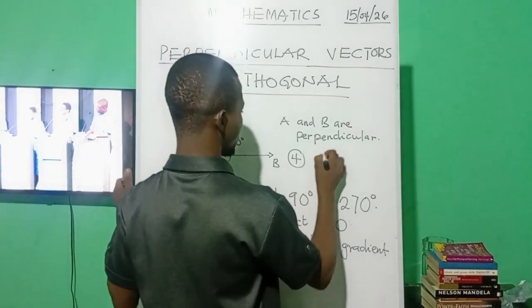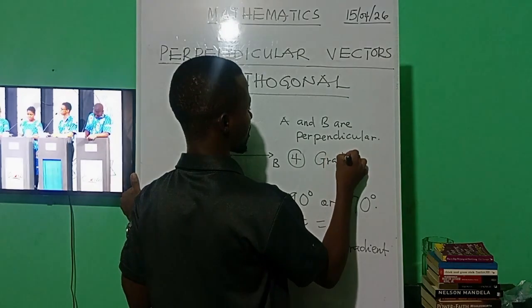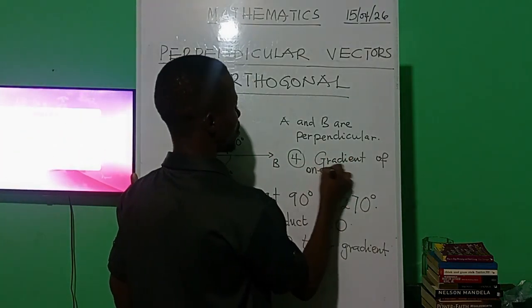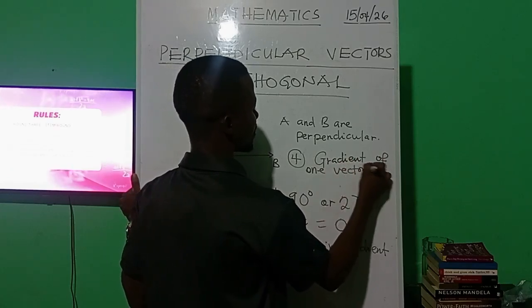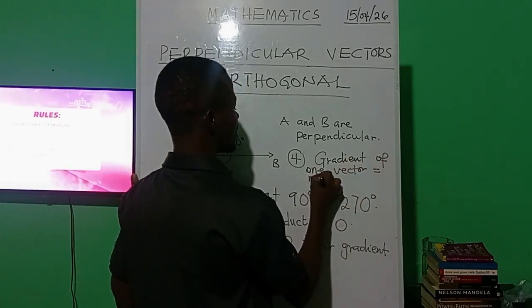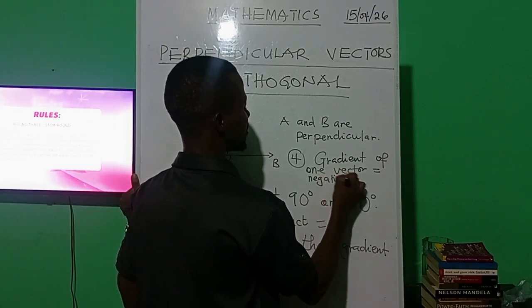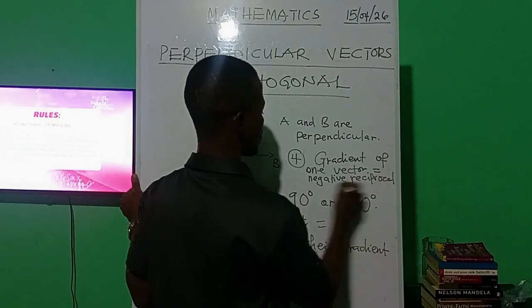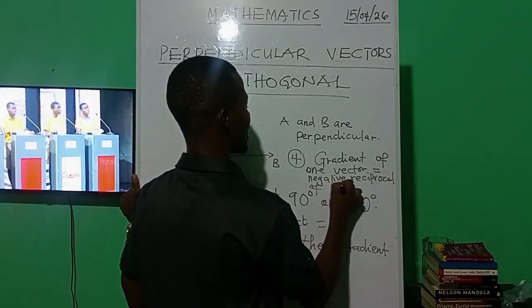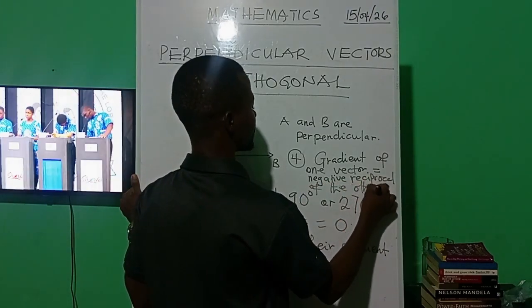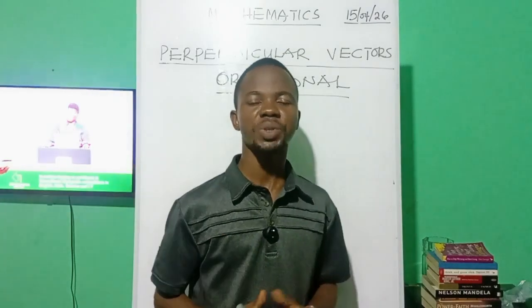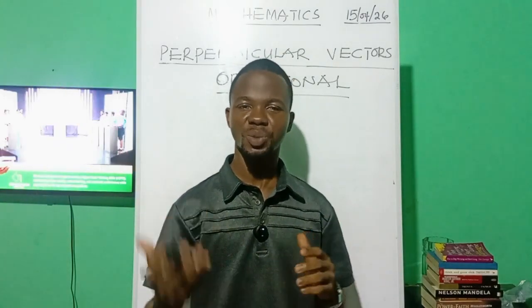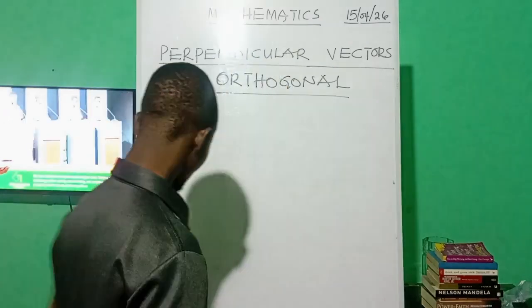So, the gradient of one vector is equal to the negative reciprocal of the other. What do we mean by that?